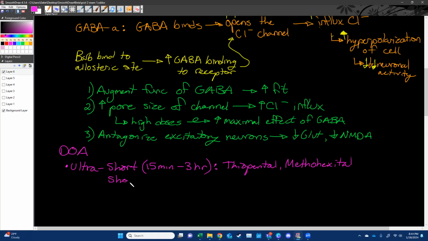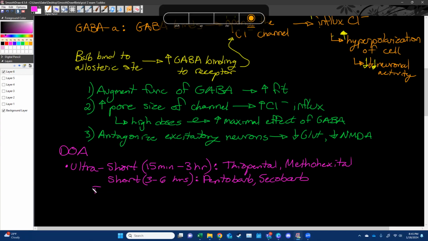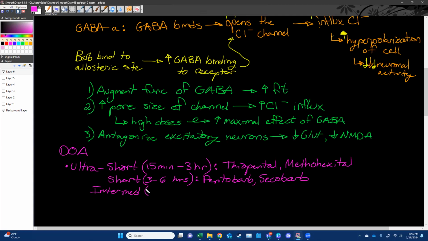Then you have your short acting, which are working for 3 to 6 hours: your pentobarb, your secobarb. Then your intermediate acting, which is 6 to 12 hours: amobarbital, butalbital.